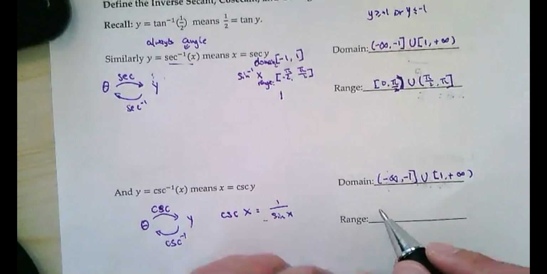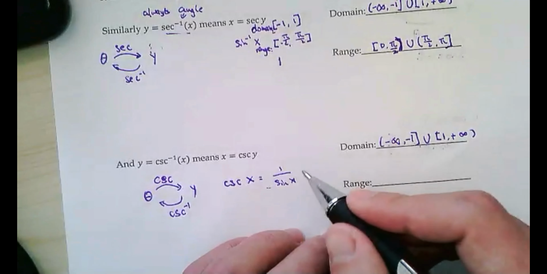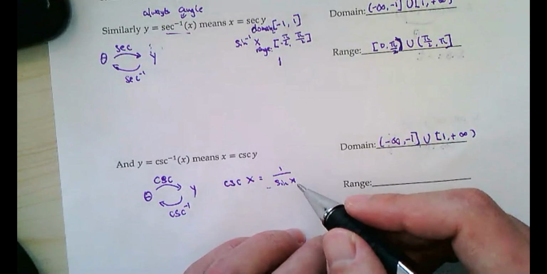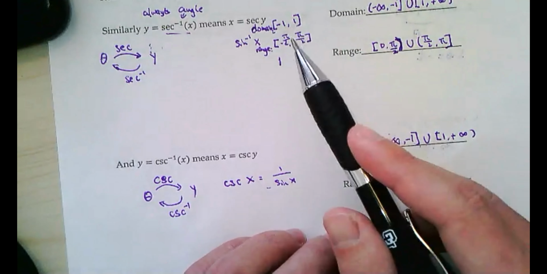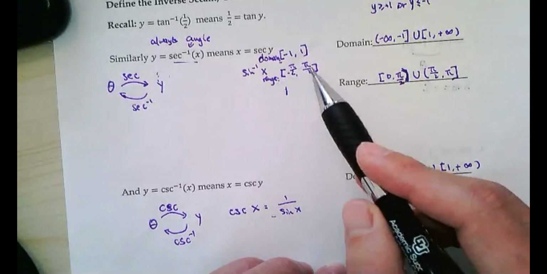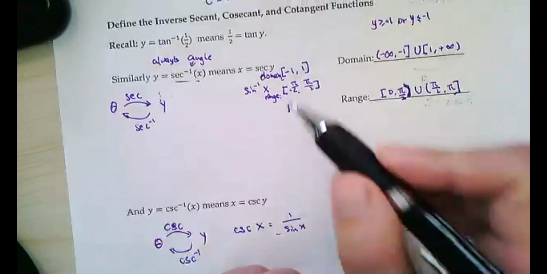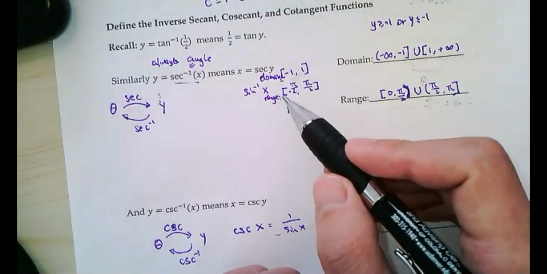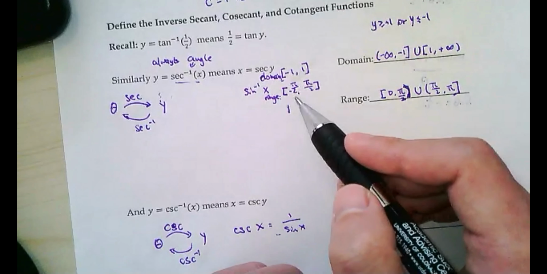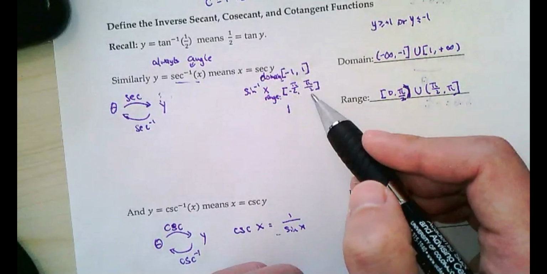What is the range? Again, it is where we restrict sine so that it is a one-to-one function. Where did we restrict sine? I write down here, that's my hint. We restrict it from this angle to this angle. Okay, so that's our range.